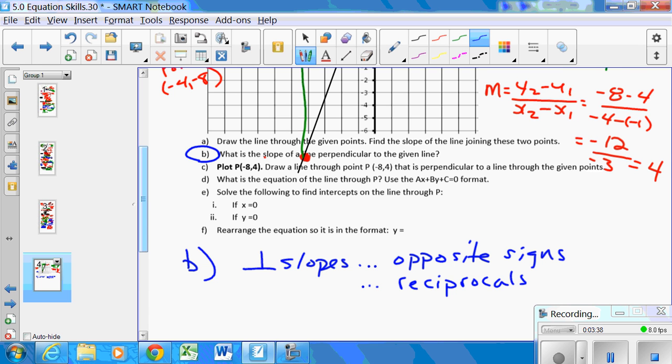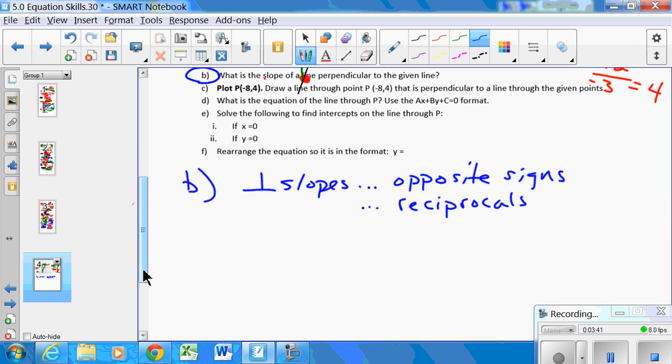Okay, so when we go to draw our sketch, our given slope we said is 4, which means the perpendicular slope needs to be the opposite sign. So my perpendicular slope has to be negative, and I also have to take the reciprocal of 4. So let's go negative, and the reciprocal of 4 is 1/4. So that's the slope I want to work with. So for the rest of this question, we're going to work with a slope of -1/4.